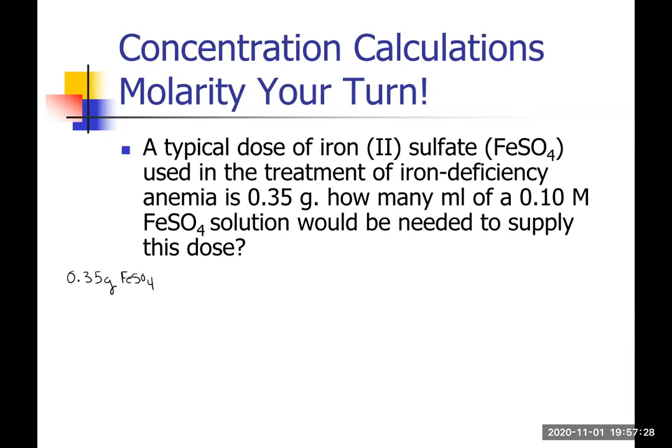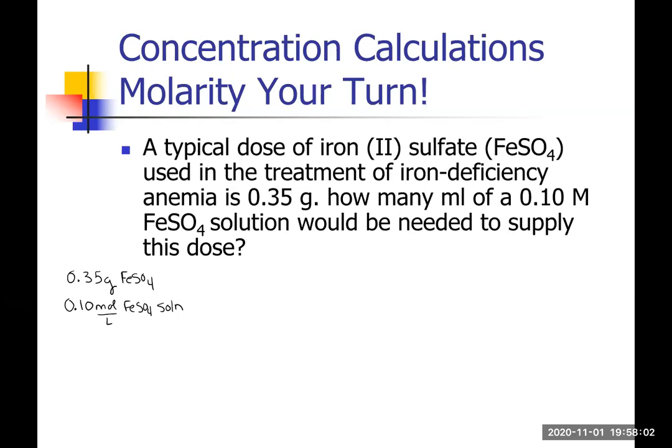It's used to treat iron deficiency anemia, and they want to know how many mils of a 0.10 molar solution. So we know we have 0.10 moles per liter of FeSO4 solution. So how many mils would be needed to supply this dosage that we have?